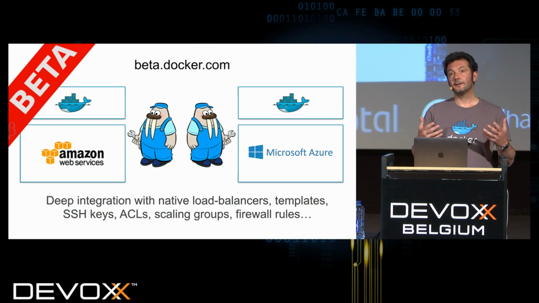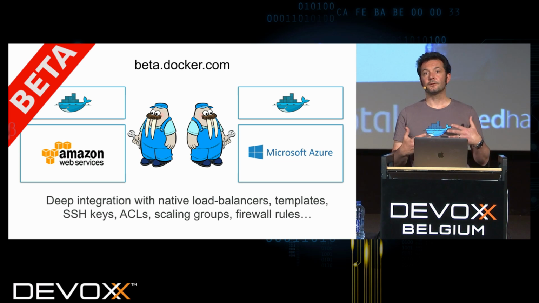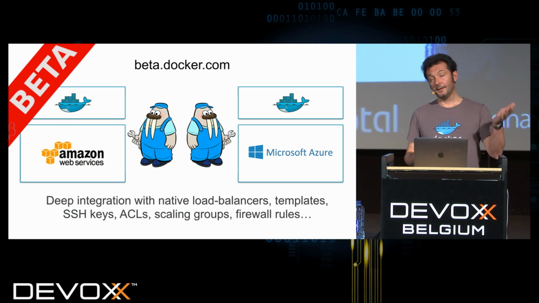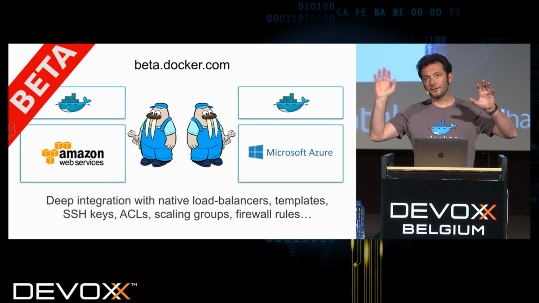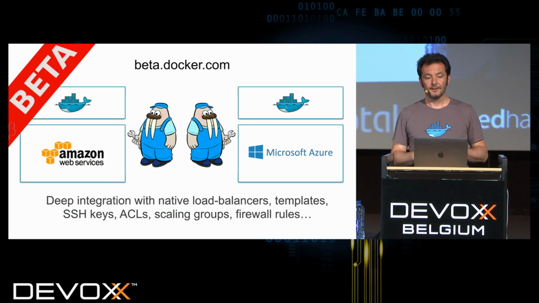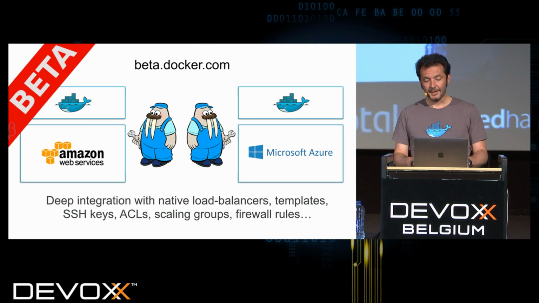And these are fully featured installations of Docker Swarm cluster on Amazon and Azure that deeply leverage the underlying platform. So there's a deep integration with the native load balancer, the template language, either CloudFormation or Azure Resource Manager template, the SSH keys that you may have there, access control, scaling groups, firewalls, etc. And I'll show you how that works.